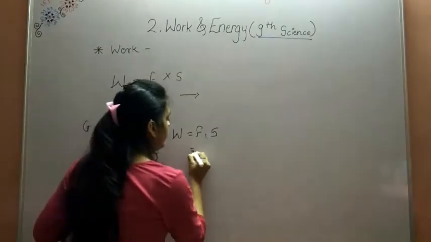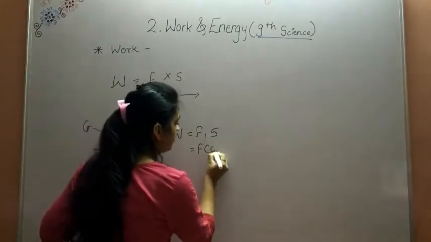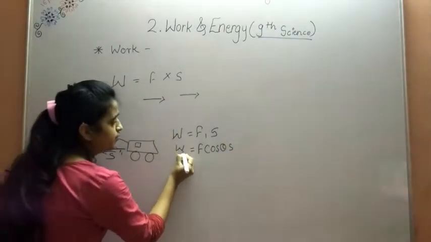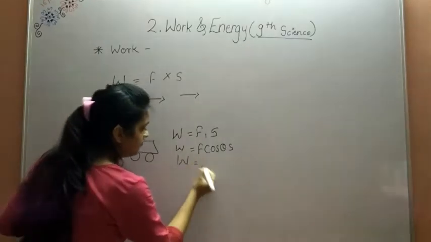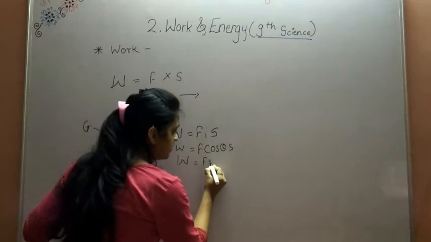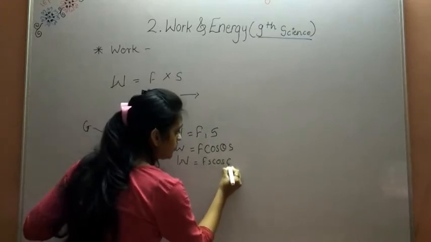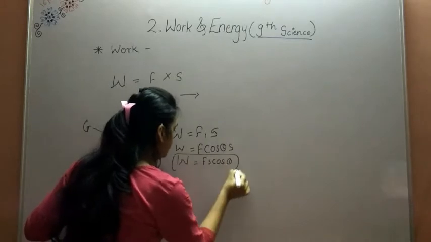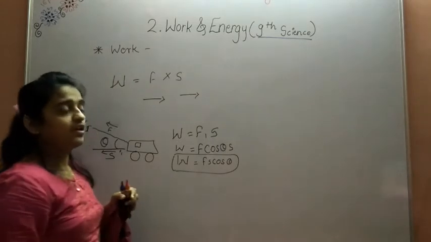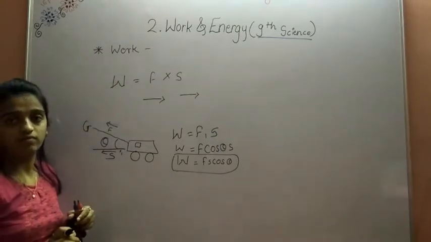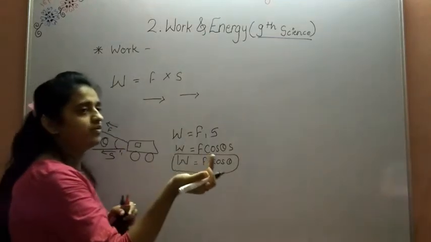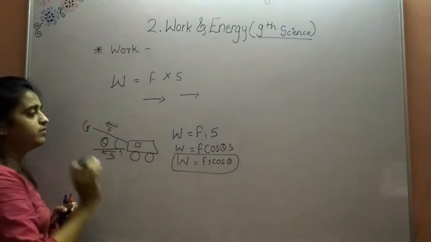The value of F1 is F cos theta. So W equals F cos theta into S, and rearranging we get F s cos theta. This is the equation to calculate the amount of work done when force and displacement are in different directions.